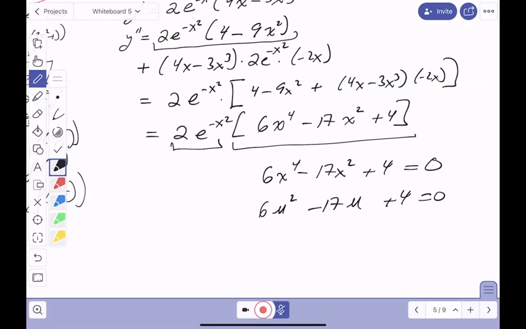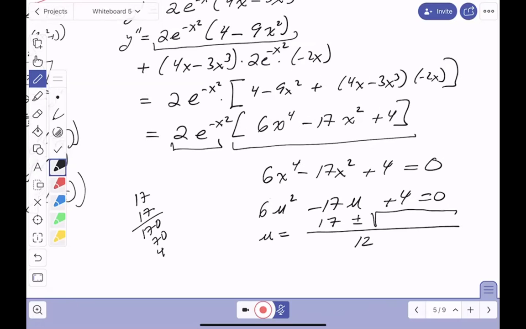Let's see, 6 and 4 would be 24. That's not going to be good. 3 and 4. I have quadratic form. Let's write this down. u equals the opposite of b, 17, plus or minus. The bottom is going to be twice the a, right? 12. It's going to get tough. b squared, 17 squared, right? 10 times 17 is 170. 7 times 10 is 70. 7 times 7 is 49. 289.